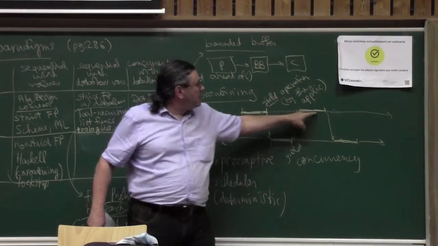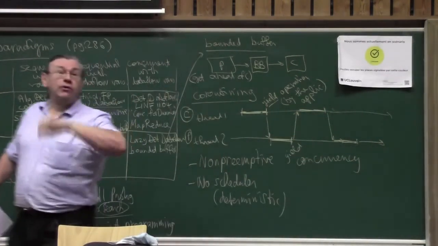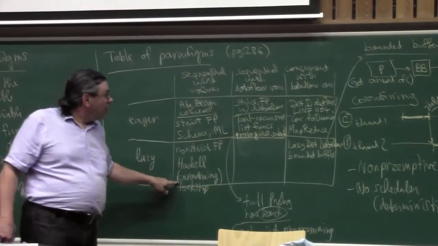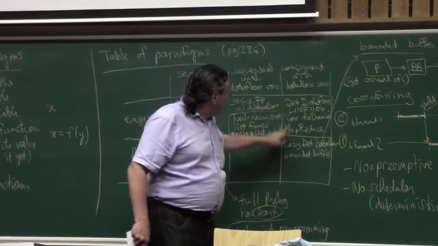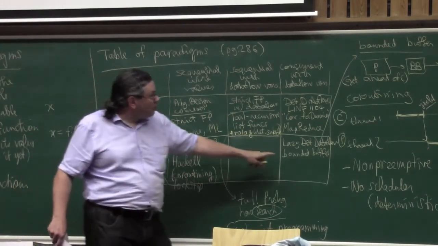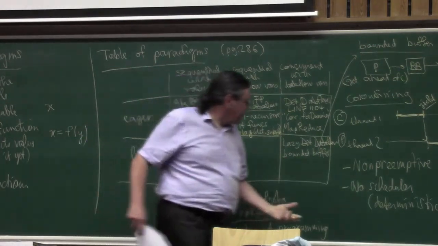Then the consumer continues, needs another value, and asks again. So control is switching back and forth in this kind of language. Whereas in lazy deterministic data flow, both producer and consumer are concurrent. That means the producer can get ahead.